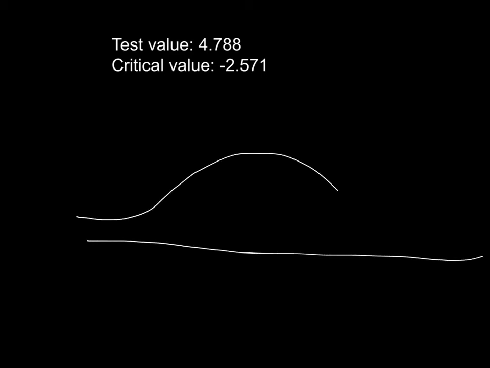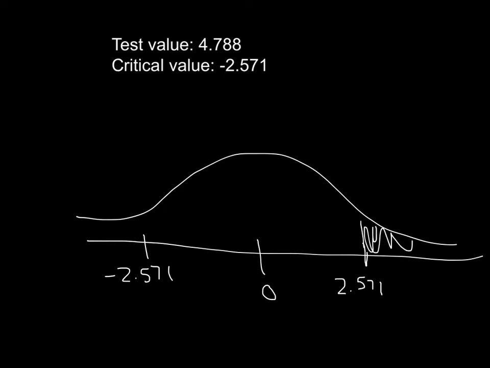Okay, so now that you know the test value is 4.788 and the critical value is negative 2.571, you can graph this problem, and it should look something like this. The 0 is in the middle, on one side you have the critical value, negative 2.571, and on the other side you have the critical value again, and you shade these in just so you can show.